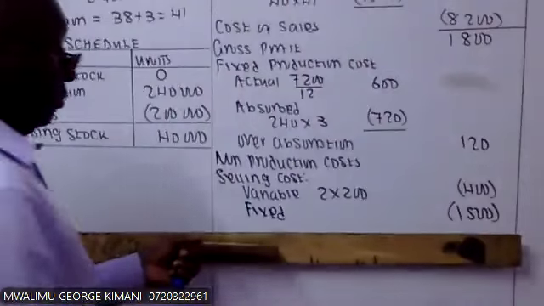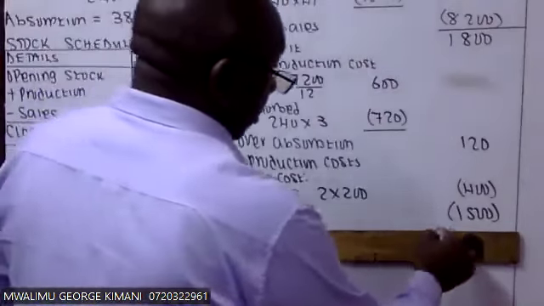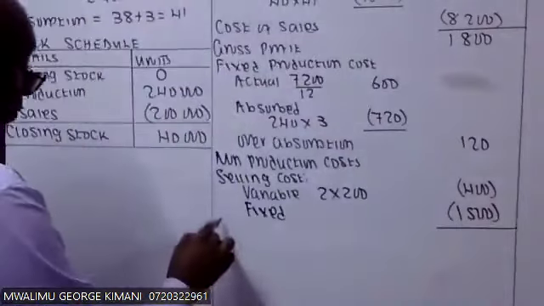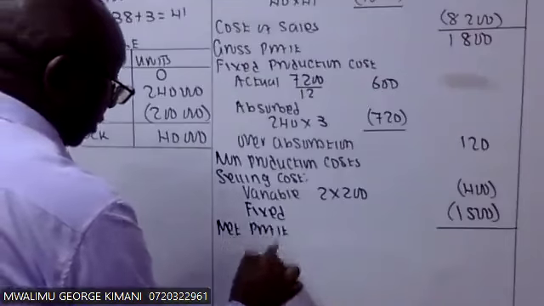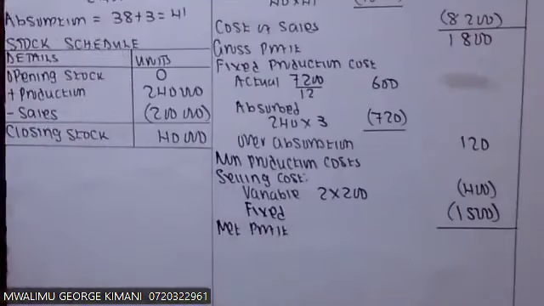And with that now, we have the net profit. So the net profit is 20.